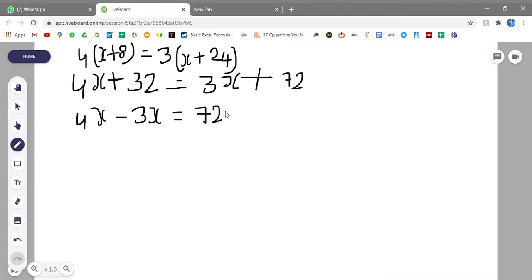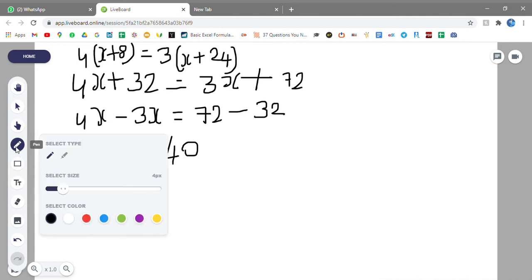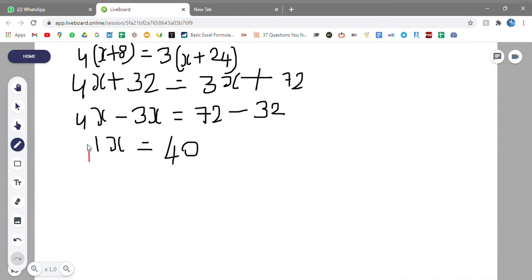Plus 32 is going to become minus 32. Next, 4x minus 3x will give me 1x. 72 minus 32 will give me 40. So therefore, x is equal to 40.